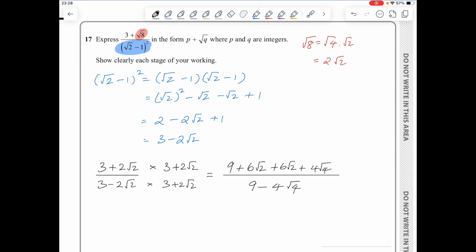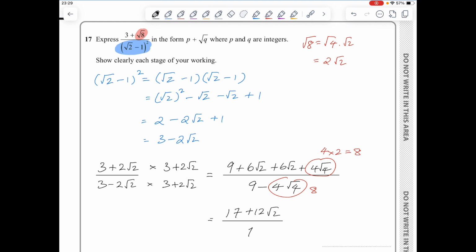Note that the denominator, once you multiply these two, that's the difference of two squares. Now 4 square root of 4 is the same as 4 times 2, which is equal to 8. Same in the denominator. So if I simplify, I will get 9 plus 8, which is 17, plus 12 square root of 2 over 1. So I can ignore the denominator now.